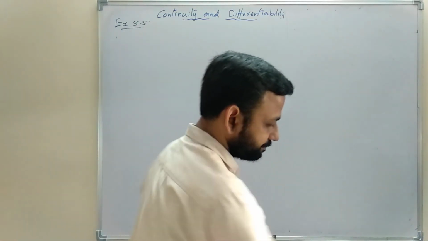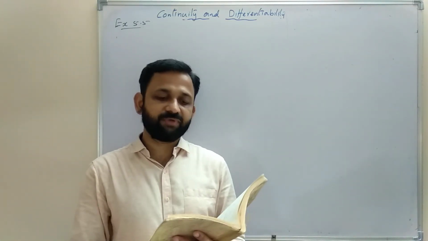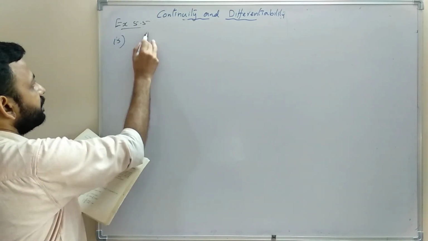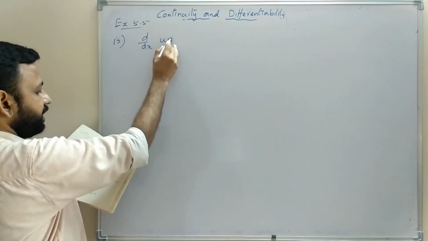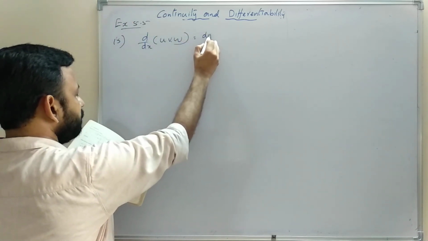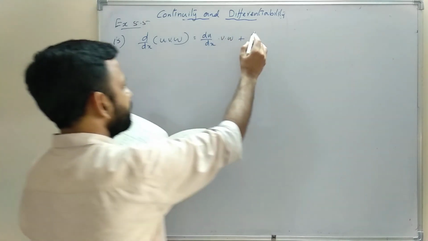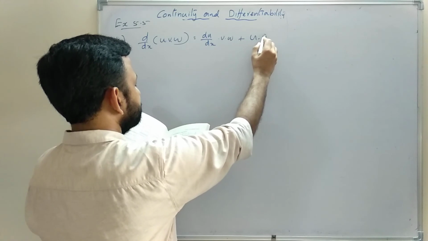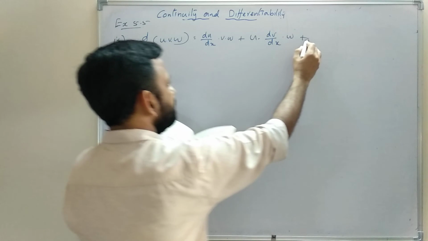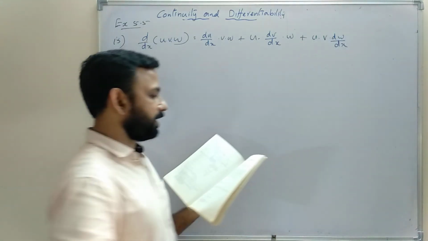So that question is, if u, v and w are functions of x, then show that d by dx of u into v into w equals du by dx into v into w plus u into dv by dx into w plus u into v into dw by dx, in two different ways.